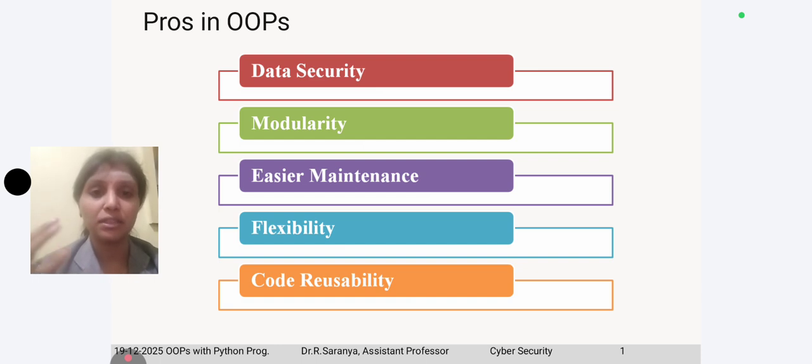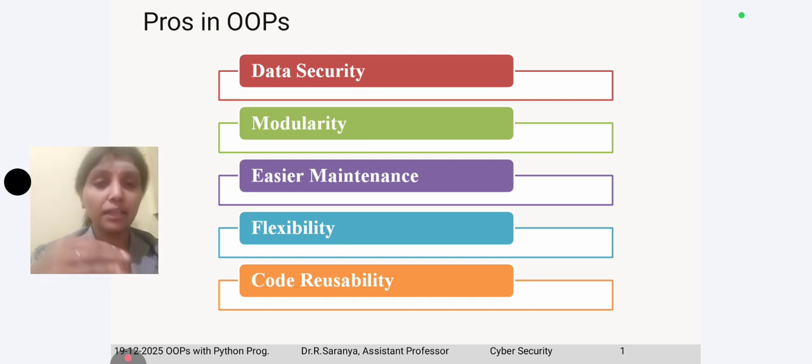Modularity means that for complex data, we have to clear some errors. If you want to work on it, in a simple manner we can apply the modularity concept. Module by module, we can split the data into many parts and process it in an easy way. Easier maintenance is also very easy while applying OOPS-oriented concepts.